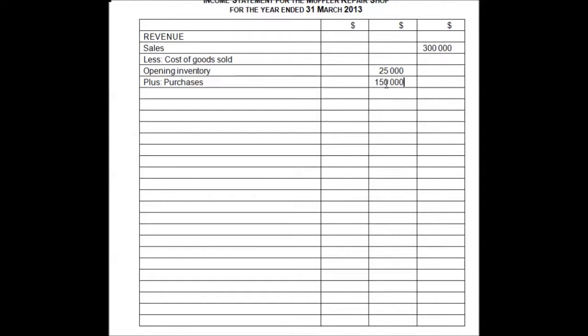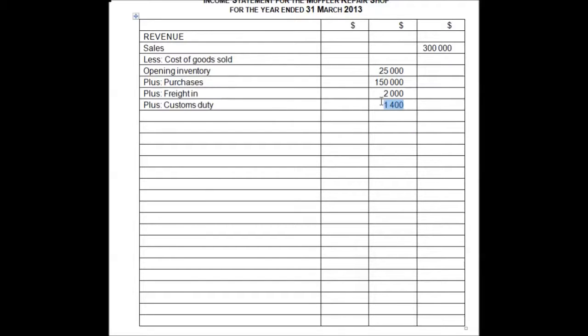So quite a lot of purchases. I'm also going to plus freight in, which is 2,000. Finally, I'm going to plus customs duty, which is 1,400. So I've plussed all those together.